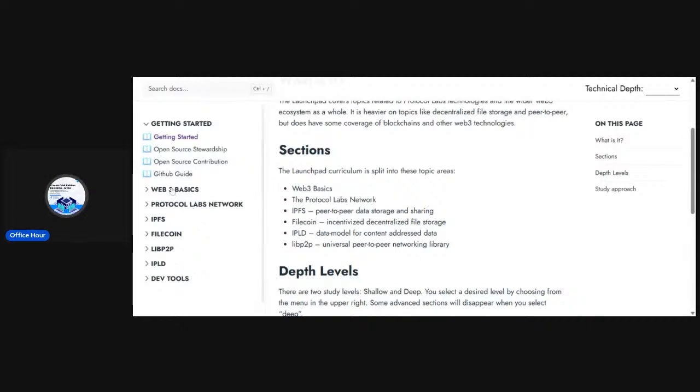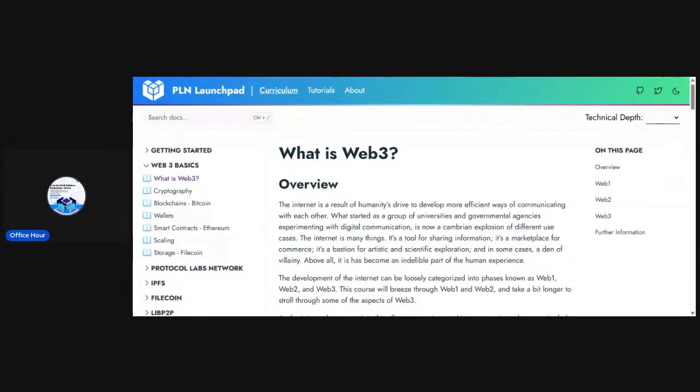Web3 basics, for those joining us for Web3. I know you must have done this, but what is Web3 actually? It says the internet is a result of humanity's drive to develop more efficient ways of communicating with each other. So we all agree with that. What started as a group of universities and government agencies experimenting with digital communication is now a combined explosion of different use cases.